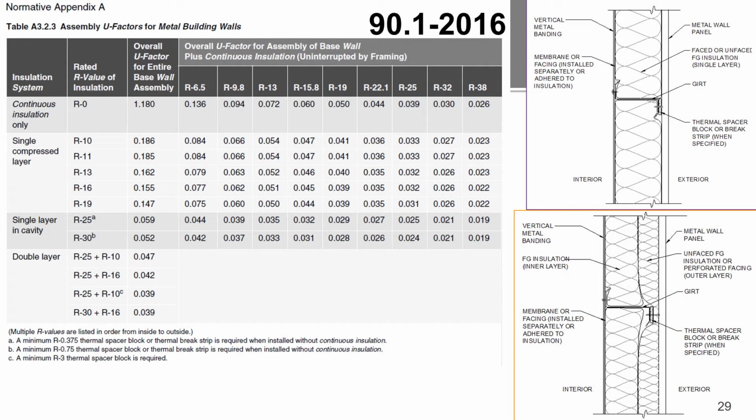This has been incorporated into the 2016 version of the standard. So the bottom portion of the table was added. Previously, you would just have the continuous and single compressed layer of insulation.